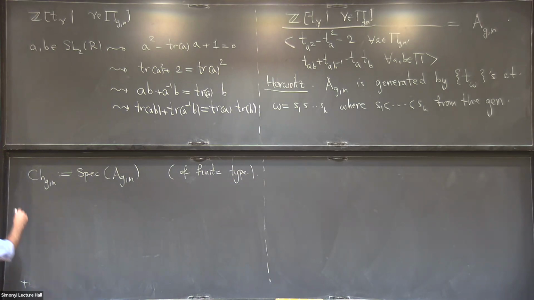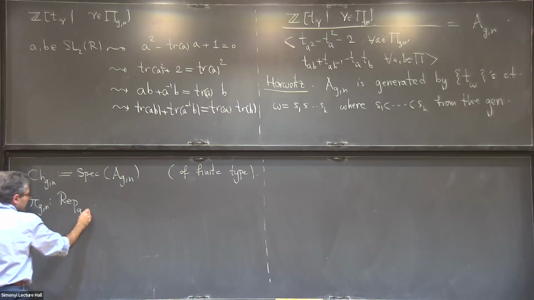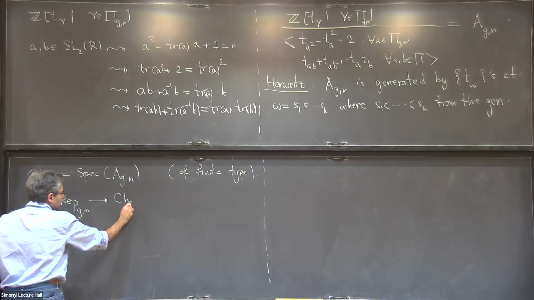So therefore, we do have a morphism from the ring of coordinates of this guy to that guy by sending the variable T sub gamma to the trace of rho of gamma. So that means that we have a morphism from the representation variety to the character variety.